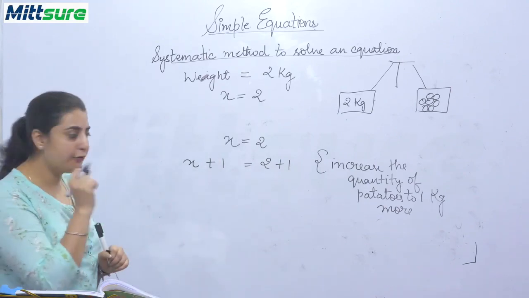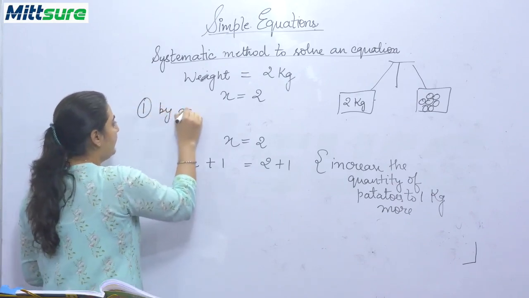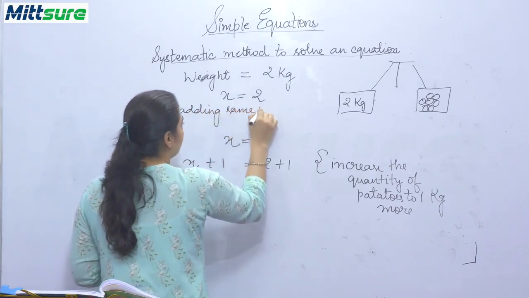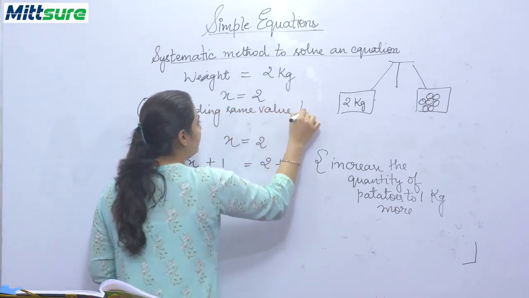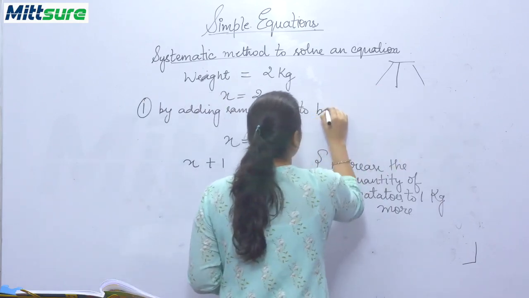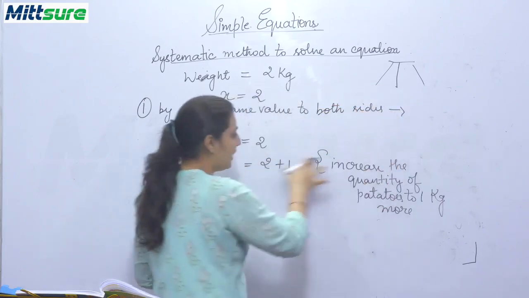So what is that kind of equation? This is the first thing, that by adding the same value to both sides. This is the first inference we have drawn.